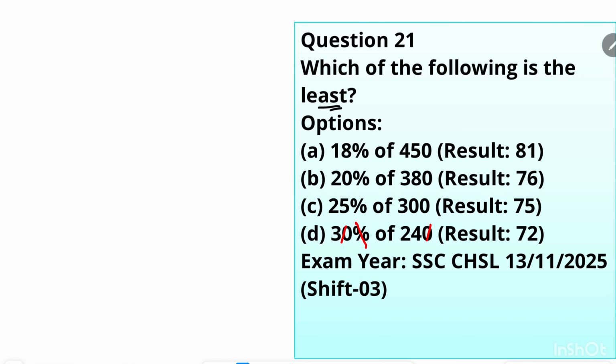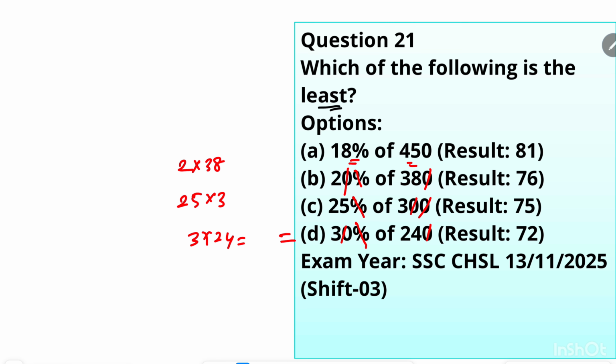This percent will cancel this 0 and this 0, and this percent will cancel this 0. So this will give how much? 3 into 24, this will give 2 into 25 into 3, and option B will give 2 into 38. And further we will have to solve it properly.